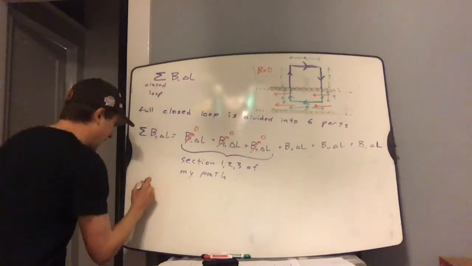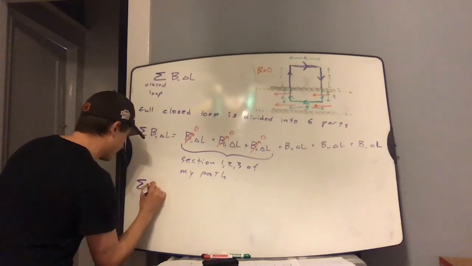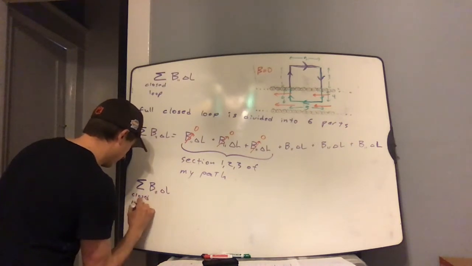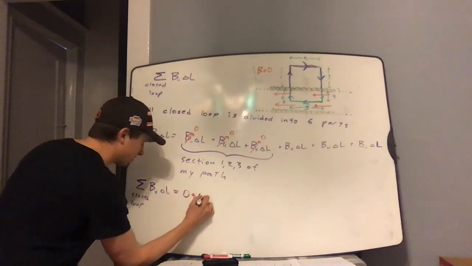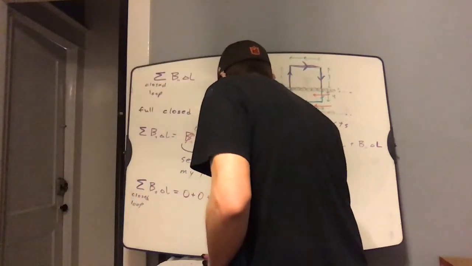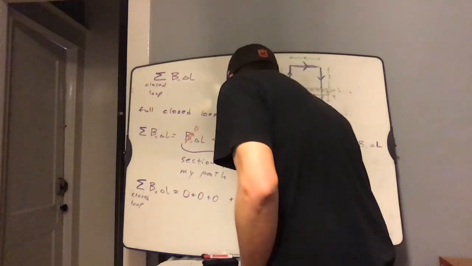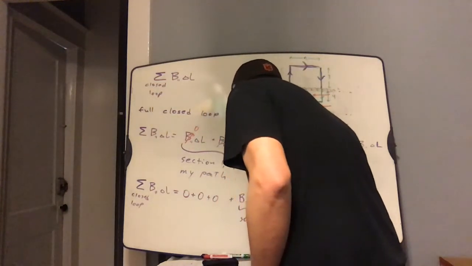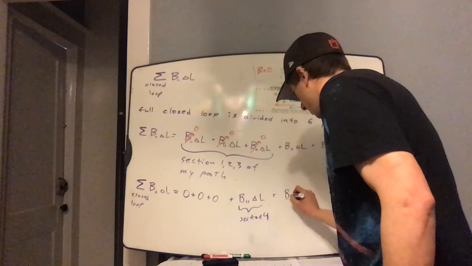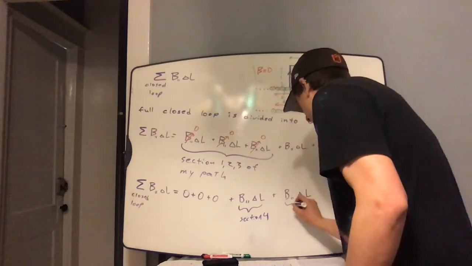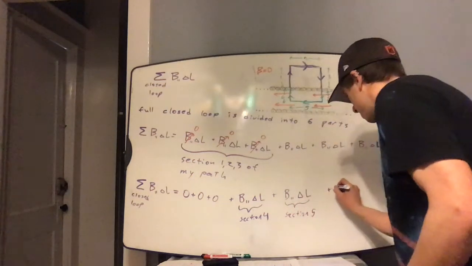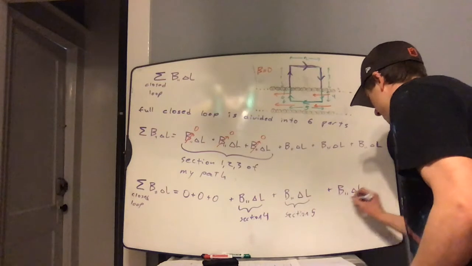So now what I have is the sum of B parallel delta L around a closed loop is equal to 0 plus 0 plus 0 plus B parallel delta L for section 4 of my path, plus B parallel delta L for section 5 of my path, plus B parallel delta L for section 6 of my path.